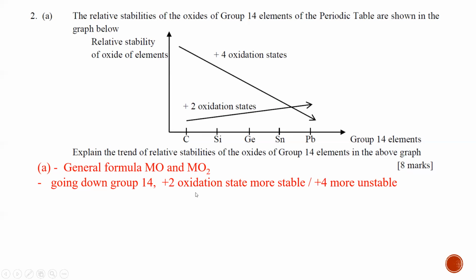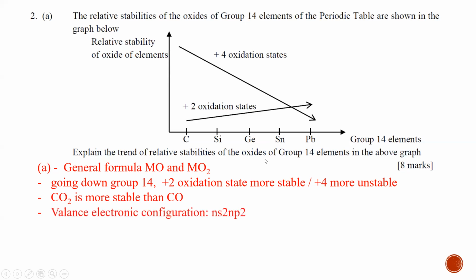So when going down group 14, the +2 oxidation state stability increases or the +4 oxidation state stability decreases, either one. So why? In this case, you can use carbon as an example. Carbon dioxide is more stable than carbon monoxide, as the valence electronic configuration of all group 14 is ns2 np2.